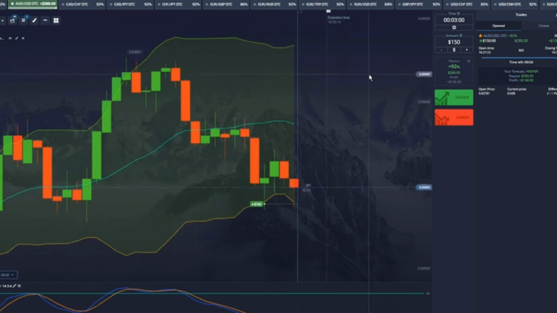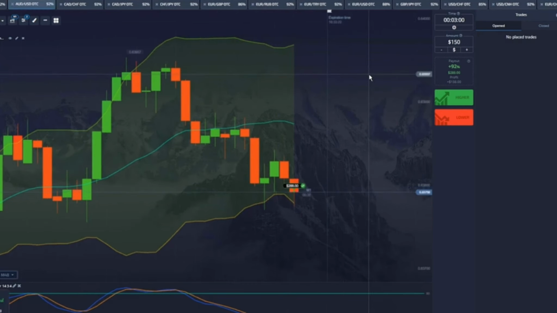The market did not really go upward, but we made profit as we entered on time.